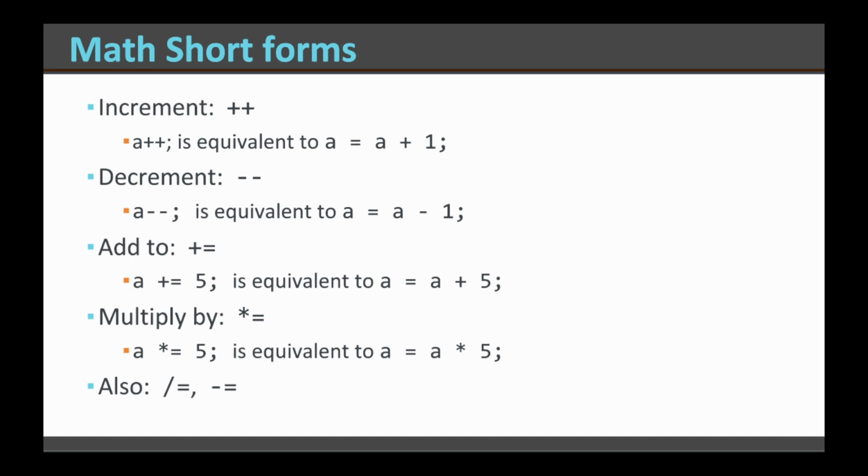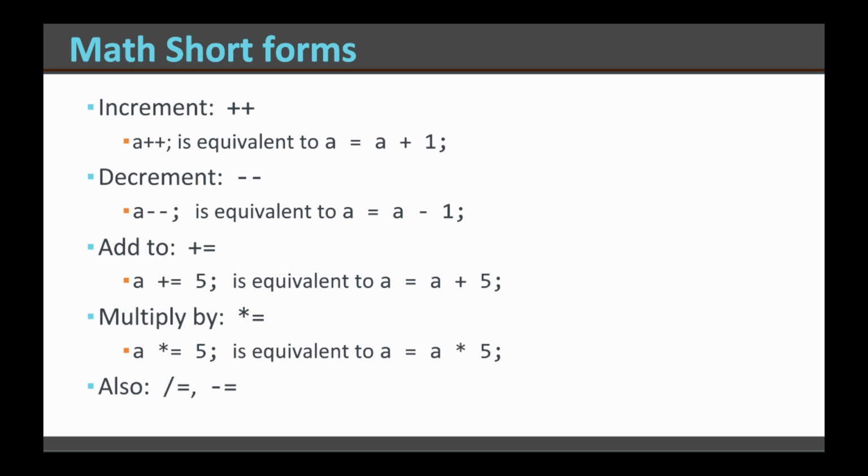We have some short forms for math. Hopefully this will be a bit of review. I think we've talked about most of these. There's plus plus, which is a unary operator, meaning that it only takes one number to operate on, the number to its left-hand side. So a plus plus is equivalent to a equals a plus 1. A minus minus is the equivalent to a equals a minus 1.